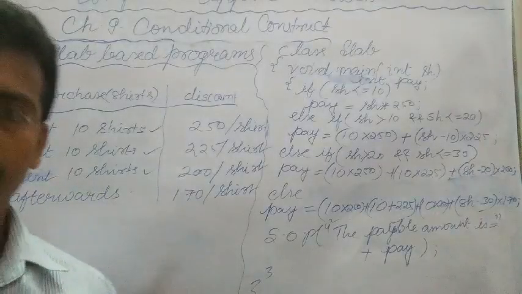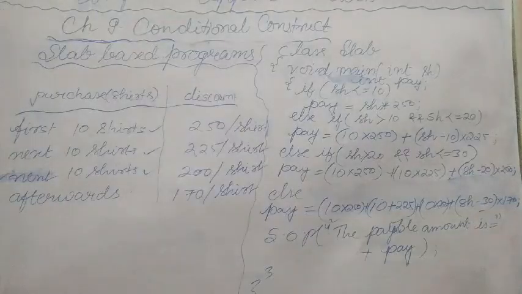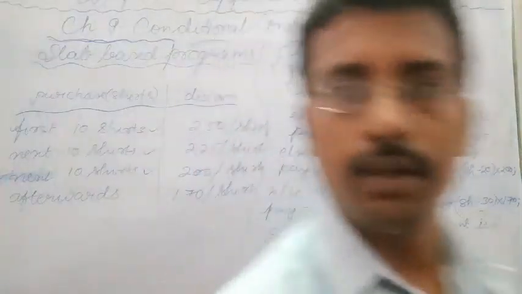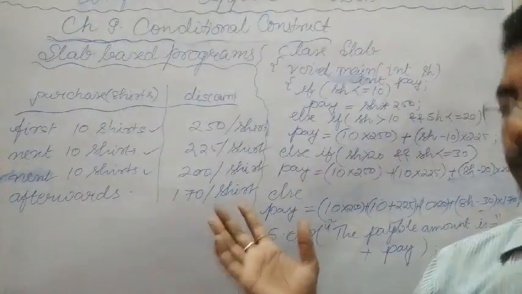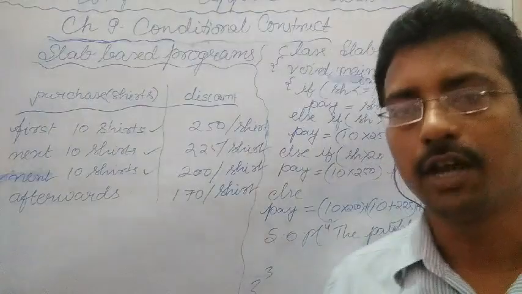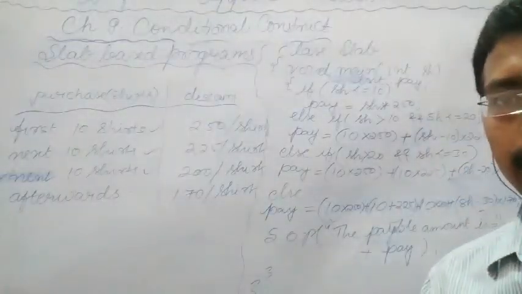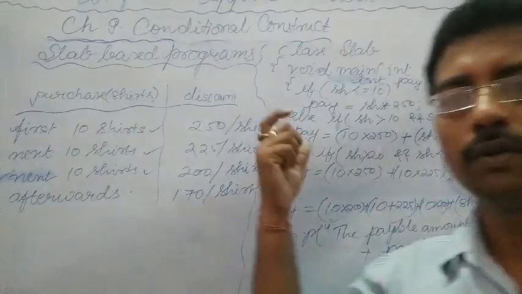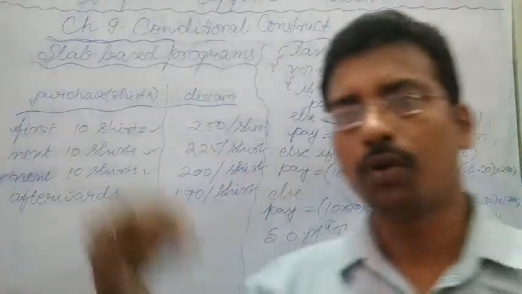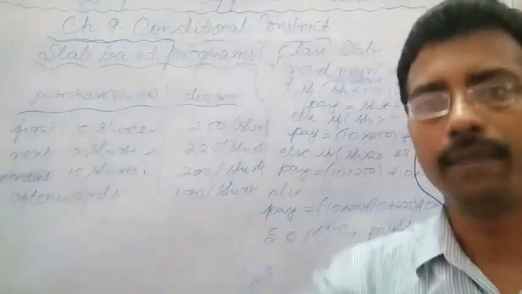This is how slab based programs are done. I have taken this program as an example, so you can write it in your copy. You can revise the lecture and repeat it as many times as you need until you understand. But please go through it. This is one of the direct calculation programs, and surely 2 or 3 questions related to direct calculation will be in your examination.